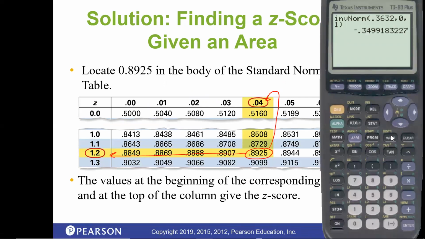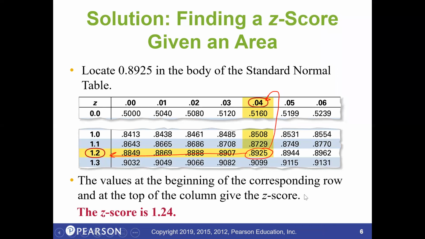So second distribution number 3 for inverse normal distribution, 0.8925, 0, 1. Close off the parenthesis, 1.24 looks like. And that's exactly what we get down here. Cool. Okay, just going backwards. That's all we're doing here.